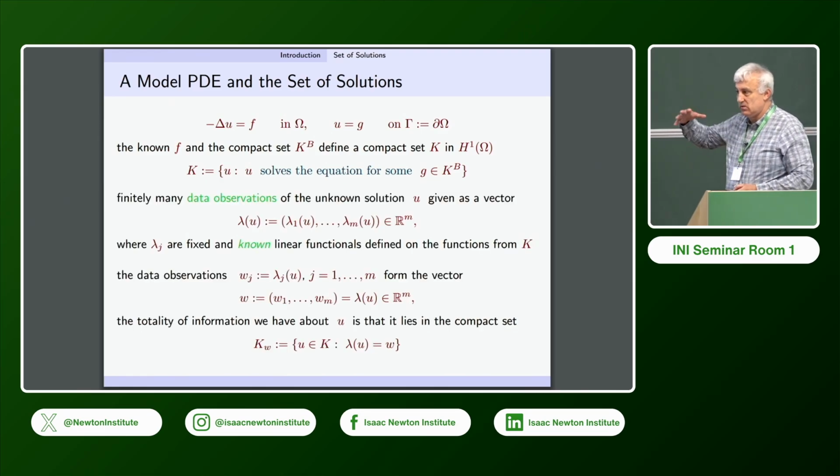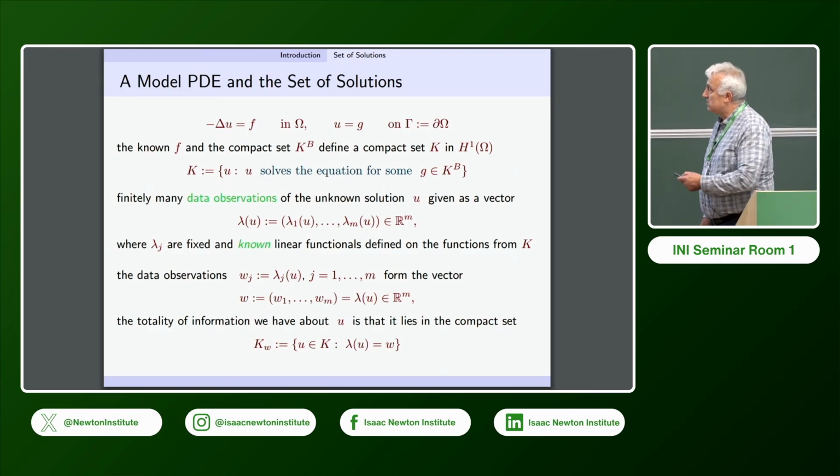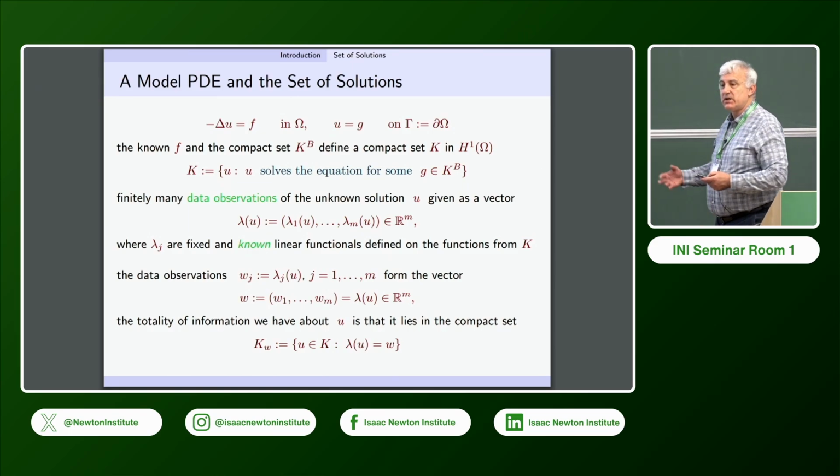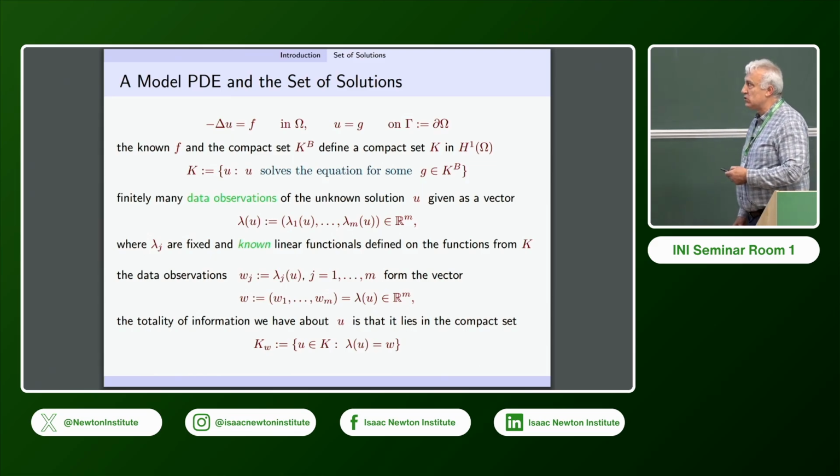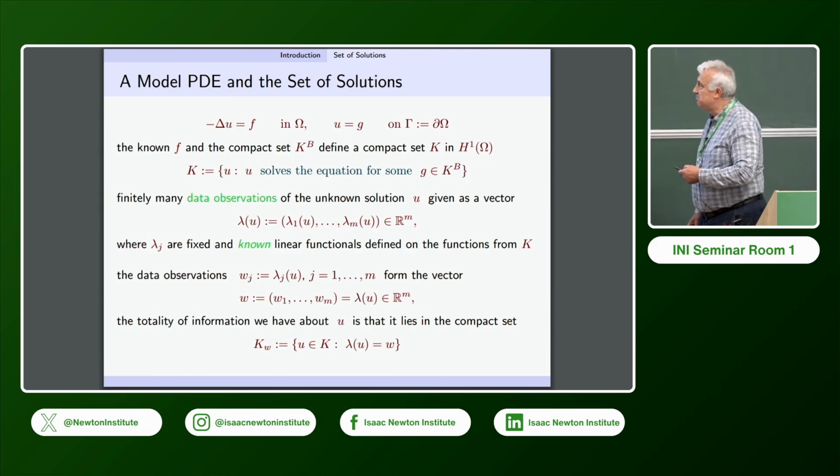Usually K might have a very big radius, so that could be a very big set, and in order to reduce the radius of this set, we have to consider some data observations about this solution.